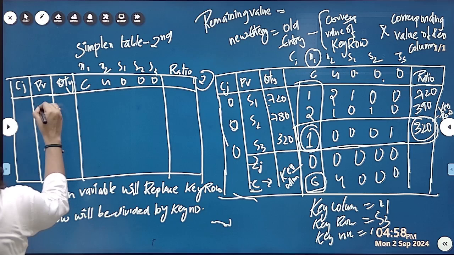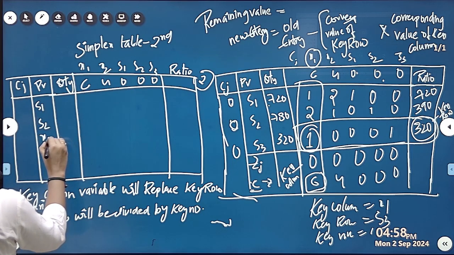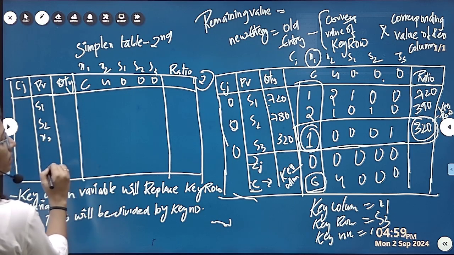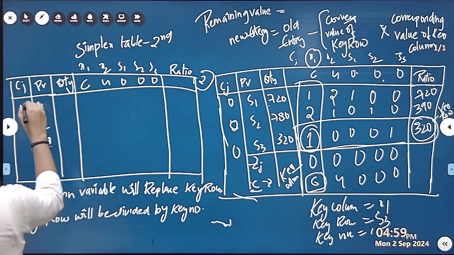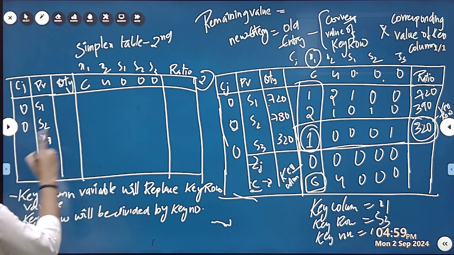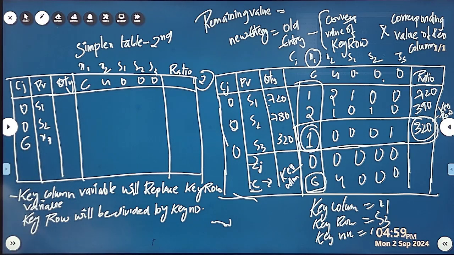So now here what you will get: s1, s2 and x1. Okay. So now tell me, value 600, what is the value of x1? 6. Above, the value of x1 is 6.